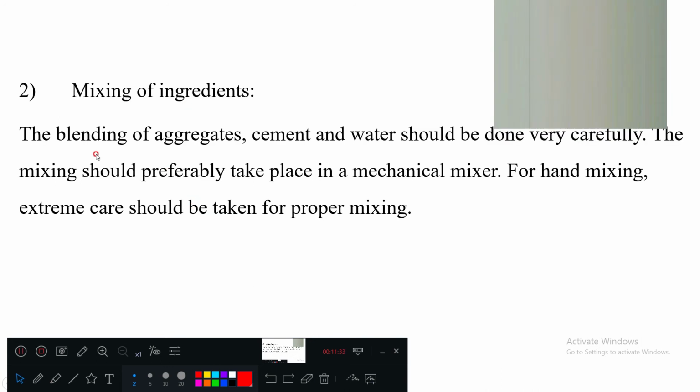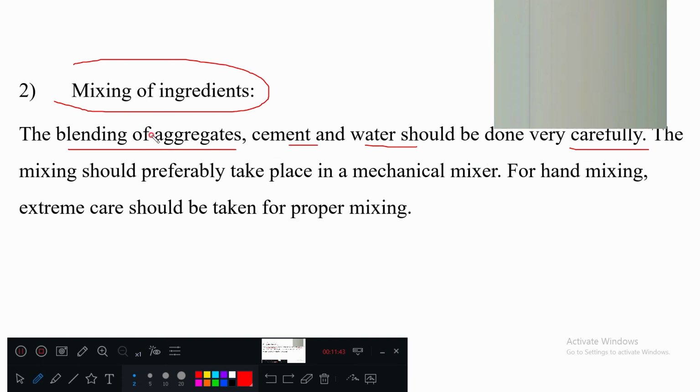Okay, now the next step is mixing. What is happening here in the mixing of ingredients? The blending of aggregate, cement and water should be done very carefully. That means you need to mix and blend them in a proper way. The mixing should preferably take place in a mechanical mixer. Generally for a bigger plant, a mechanical mixer is there.